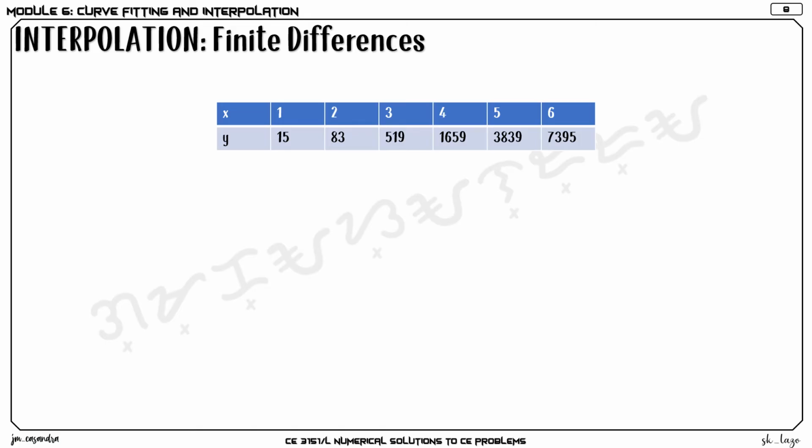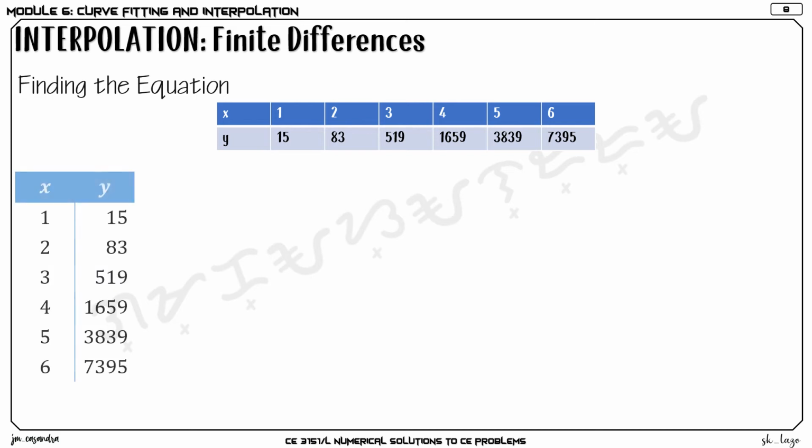Given a set of points or data, we can determine the equation that would best describe the relationship of x and y using finite differences. So to start off, we tabulate x, y, and then solve for the first difference.